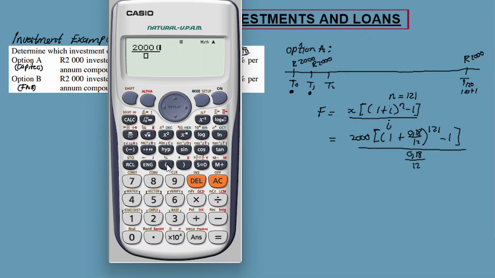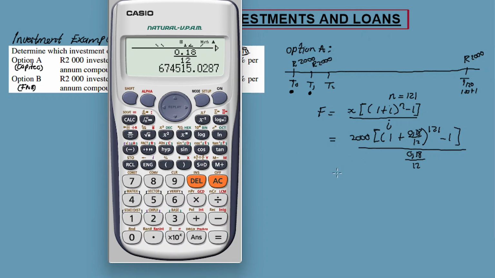2000 times open bracket 1 plus 0.18 over 12, close, to the power 121 minus 1, divided by 0.18 over 12.